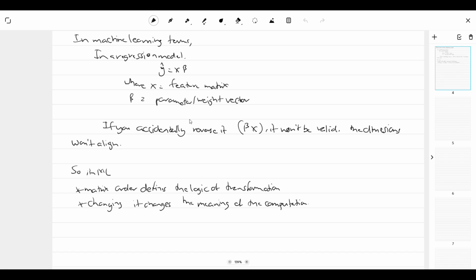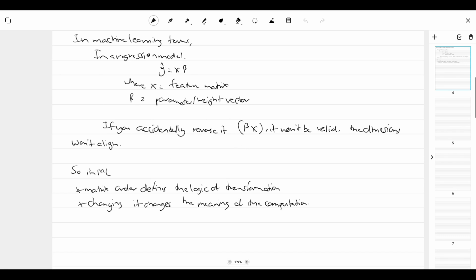So in ML terms, this order defines how data flows through transformations. For instance, in linear regression, we do y hat equals X times beta. It works perfectly, but if we try to reverse this into beta times X, that doesn't make sense. The dimensions simply don't align.